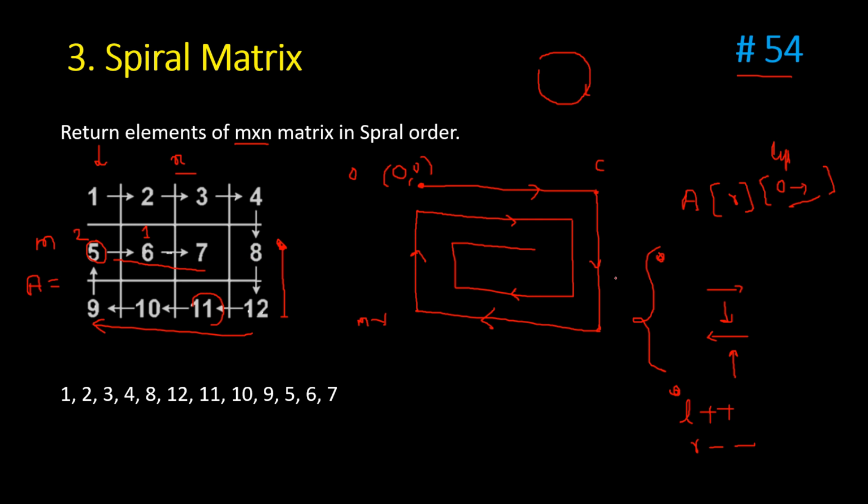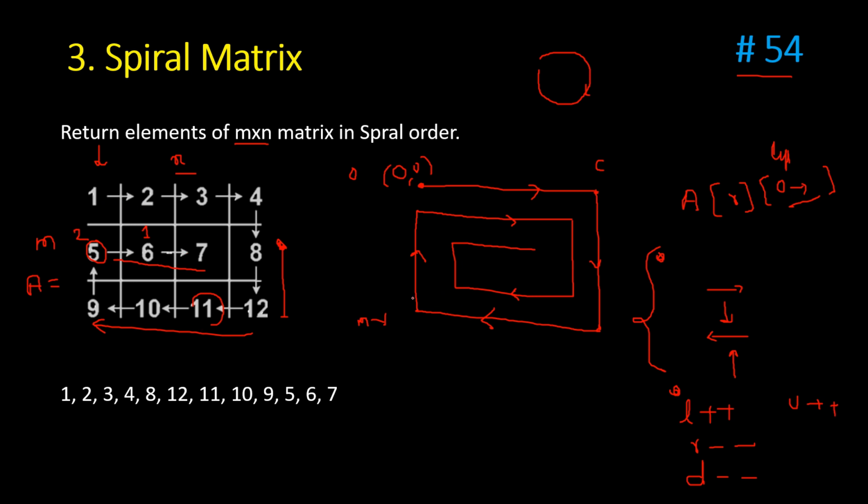Similarly, when coming down, you will not go all the way up to the last row, but rather one less. So down should be minus minus, and again while going up you would stop one row below. So up should be plus plus. If you do these things carefully, you can visit all the elements.